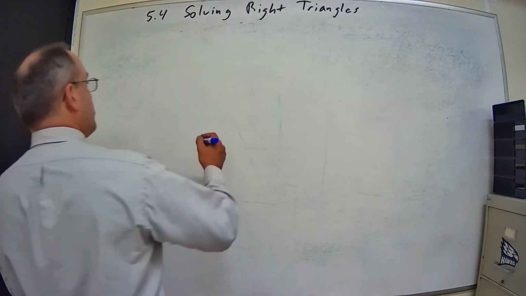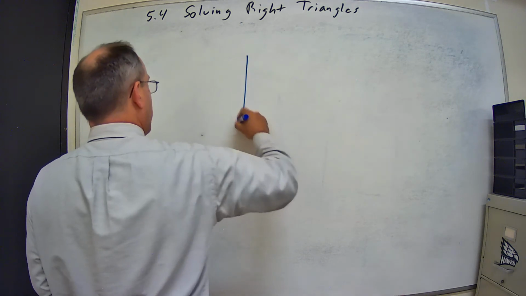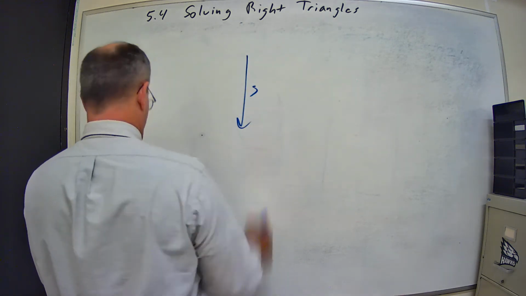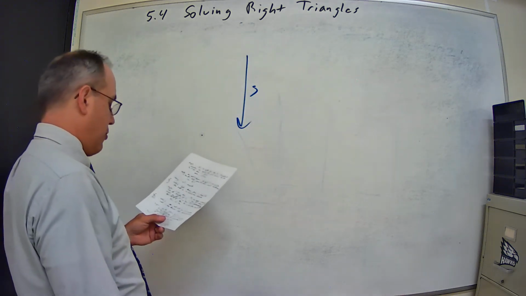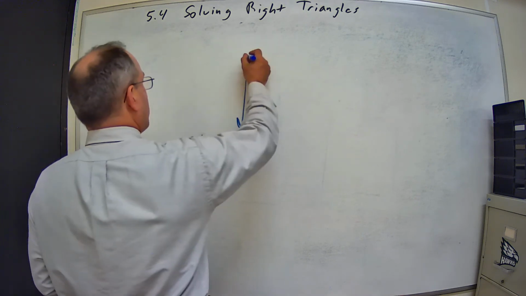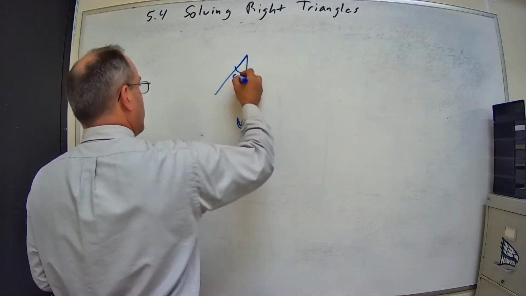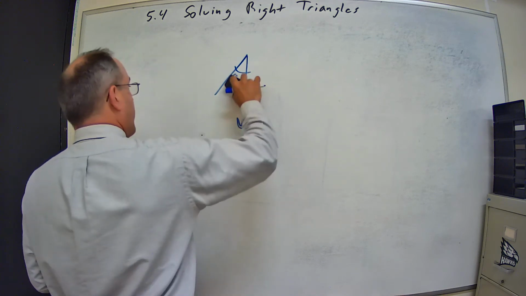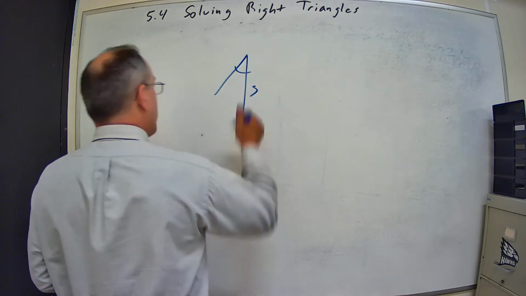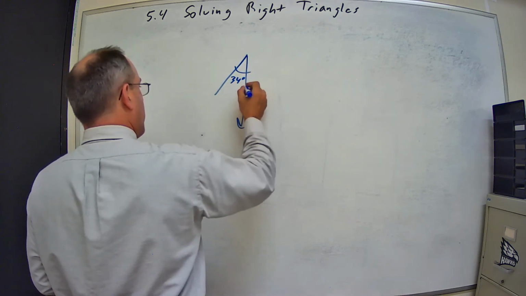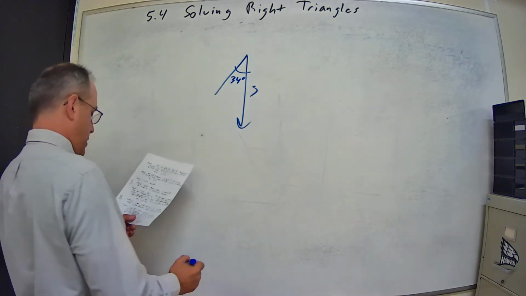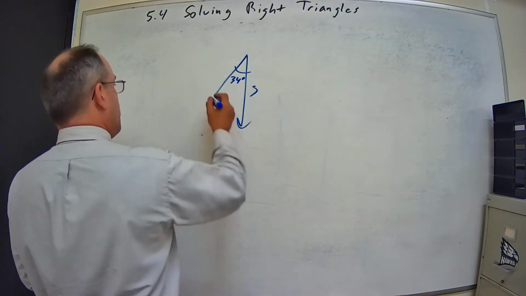So in relation to south, the ship travels 34 degrees west. Oops, I've got a 3 there. So 34 degrees west for a time of 2.5 hours.